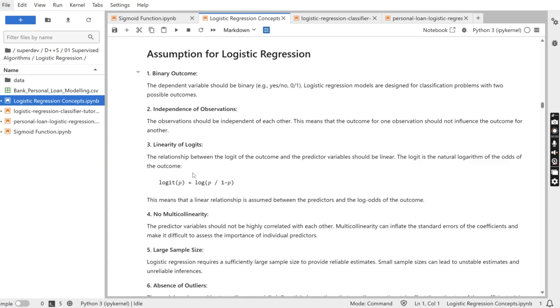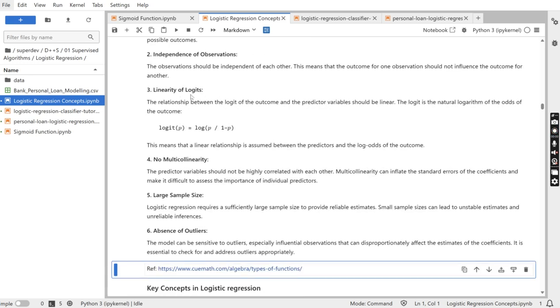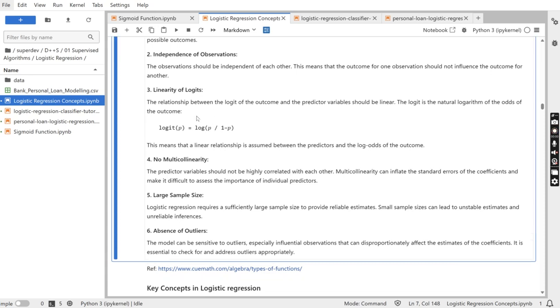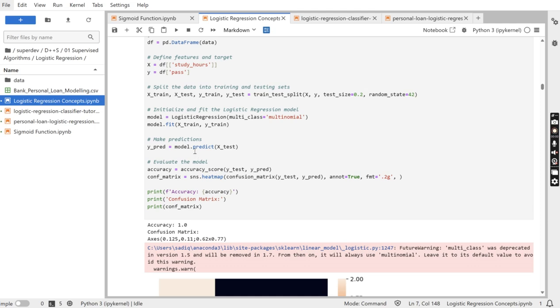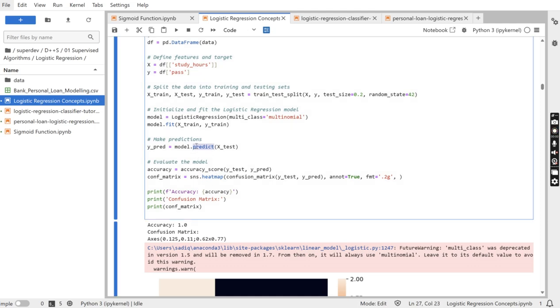Next thing is linearity of logits. By logit you mean probability, and this you will get to know only after using the algorithm. After using the algorithm, let me show you here. When you do this predict, you also can run predict probability.